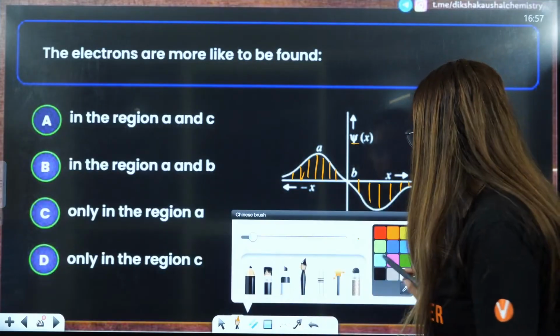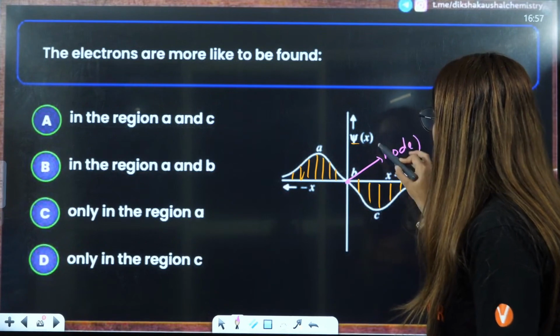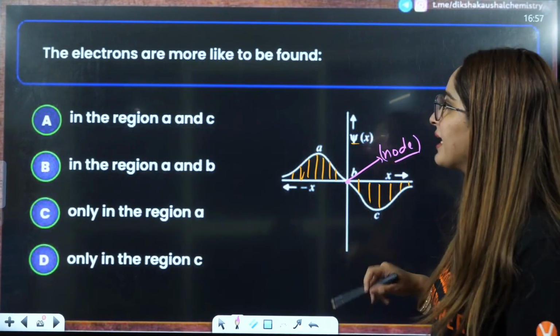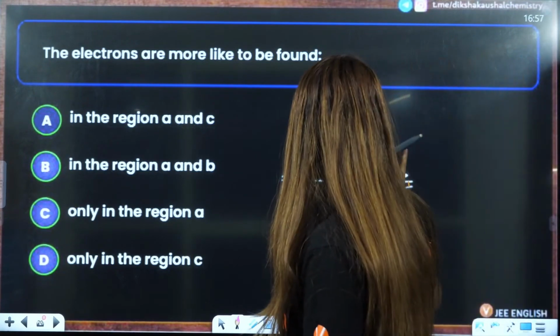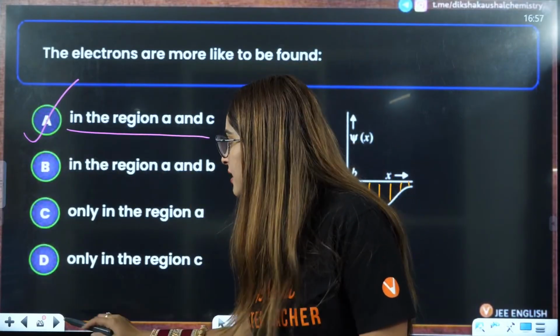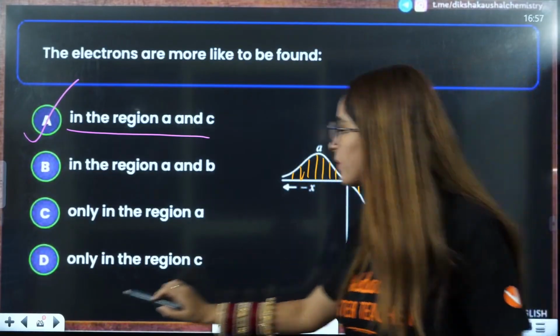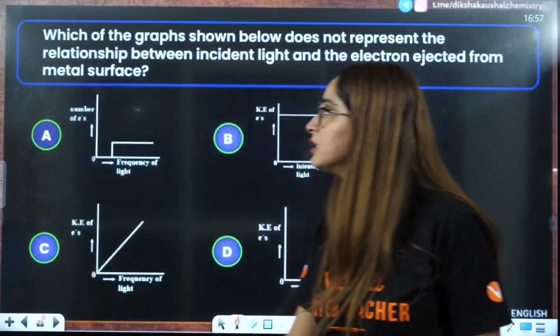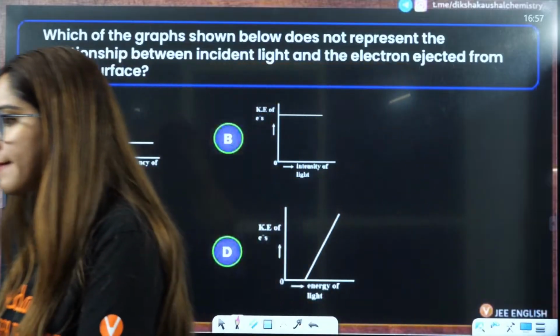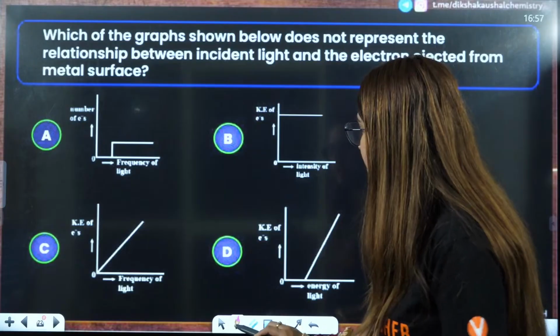So this is the nodal plane, this is a node. We can definitely write that in the region of A and C we can find electrons. So A is the correct answer. This is the A region, this is the C region, so between A and C you can find the electrons.